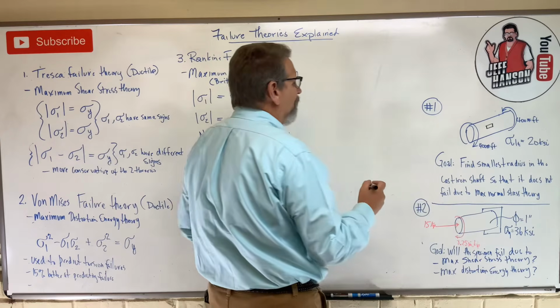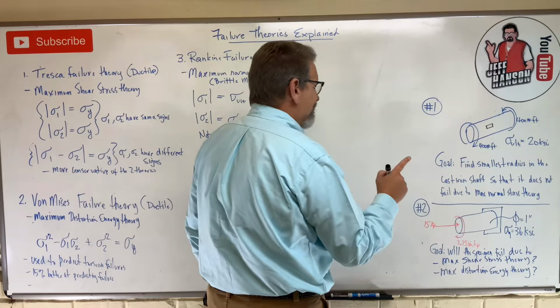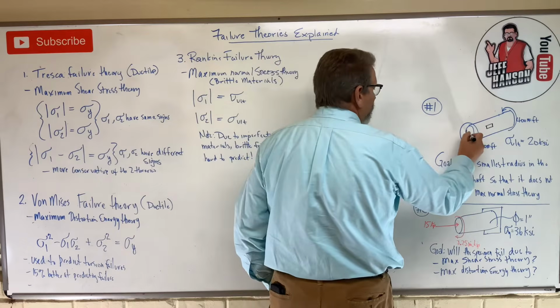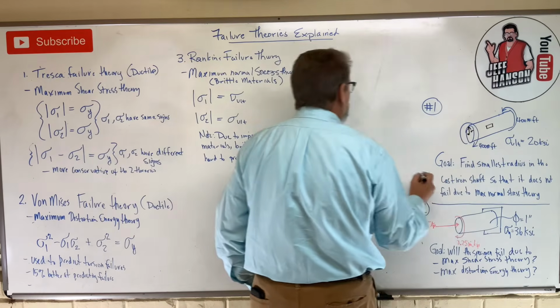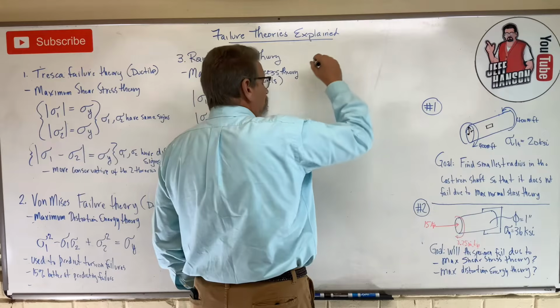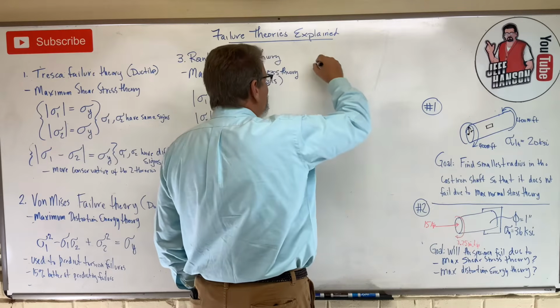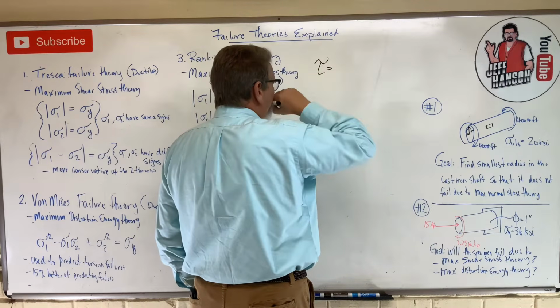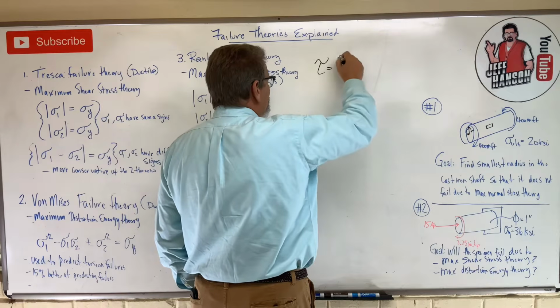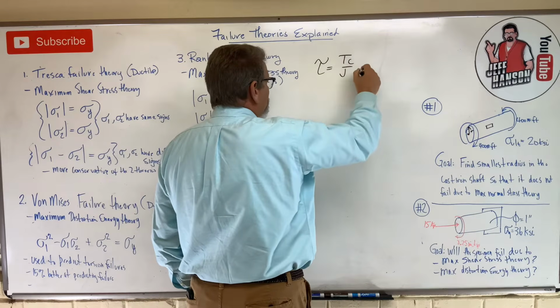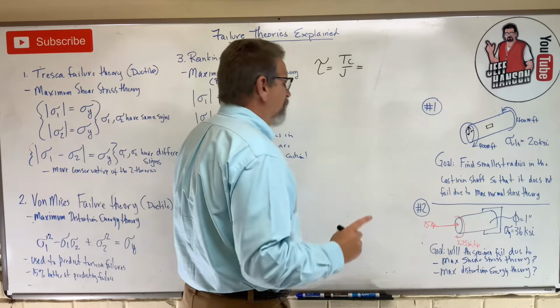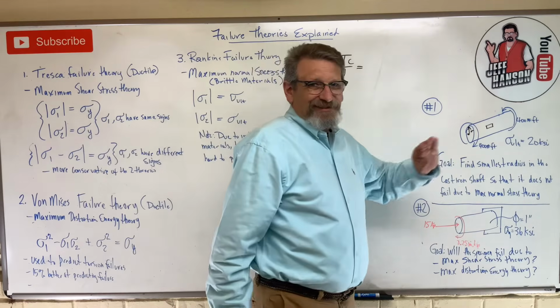Okay, so here we go. Now, we don't know the radius, okay? So the radius, let's just call it R. Okay? So tau is equal to TC over J. Okay. So T, what is T? Now, Johnny Weak Sauce, is he in the house?